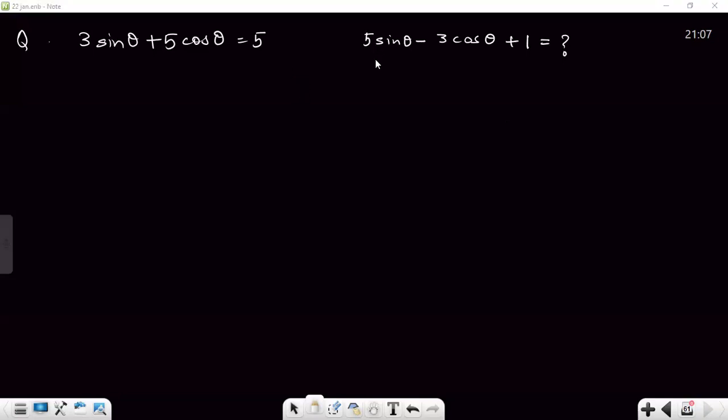Easy. This is easy. Let me give you a hint. You know the value of this. After finding out the value of this much, add 1. Just tell me how this question will be solved and I'll solve it for you on the whiteboard, on the blackboard.